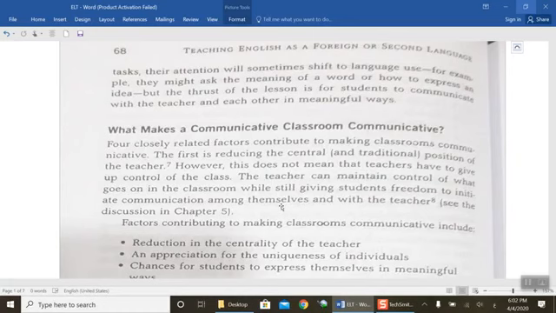This is very important. In other words, the teacher here is a guide, just a guide. The students should speak more, and the teacher should speak less. They should communicate and speak with each other.